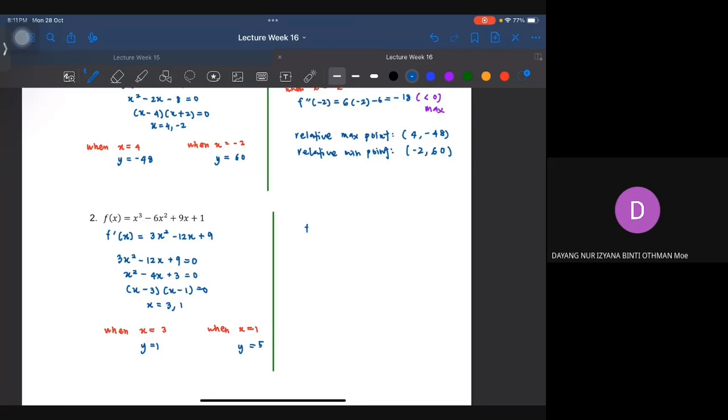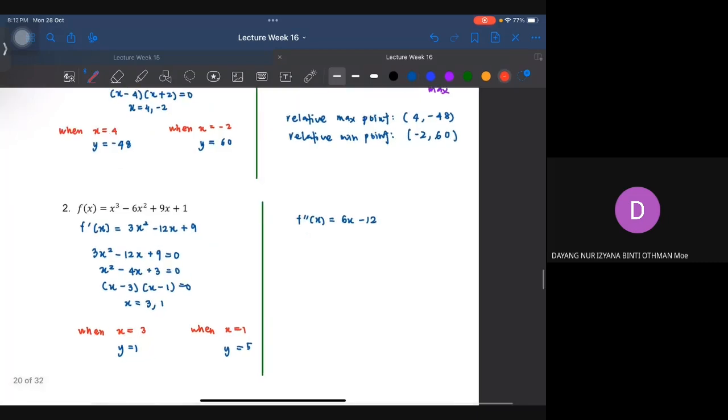So we have f double prime. Okay, f double prime you will have 6x minus 12. Okay, so now let's test the value of x that we have over here. Okay, so the first value is x equal to 3. Okay, so when x equal to 3, awak punya f double prime 3, kita akan dapat 6 times 3 minus 12.